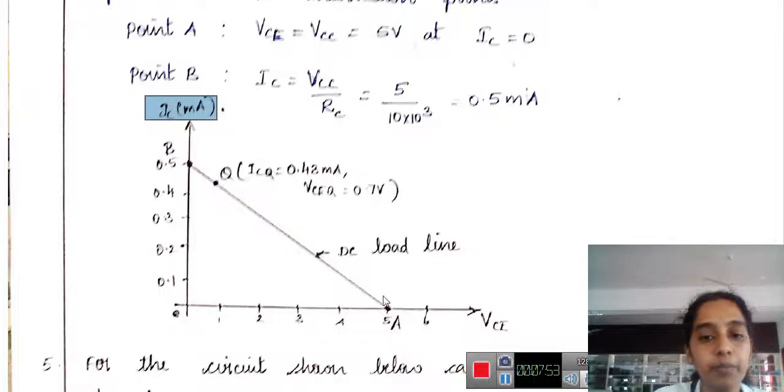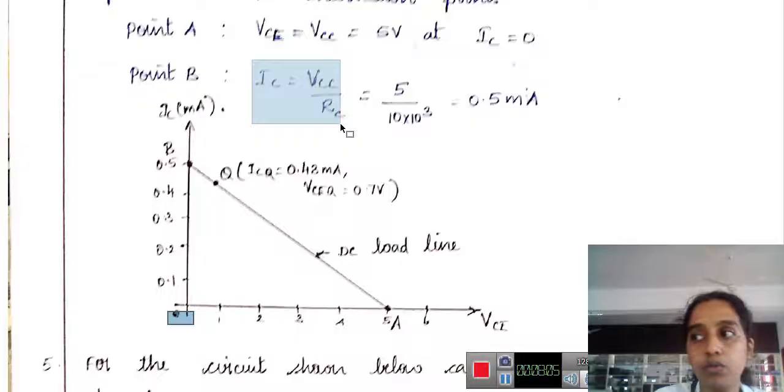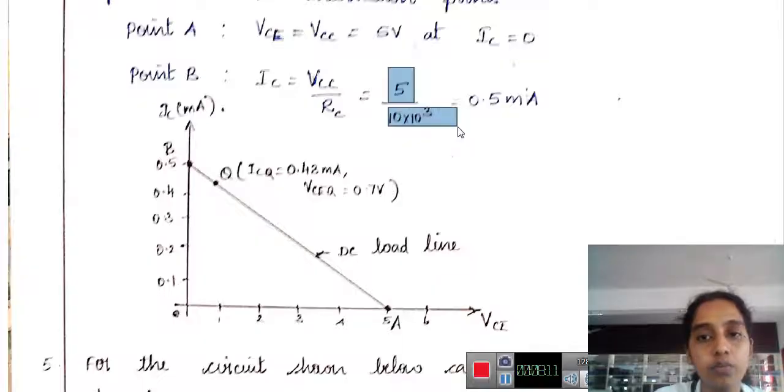To find point A, VCE equal to VCC, that is 5 volt, and IC will be equal to 0. To find point B, IC is equal to VCC by RC. VCC is 5 volt and RC is 10 kilo ohm, so that value comes to 0.5 milliamp. That is marked as point B. Now join the points A and B.